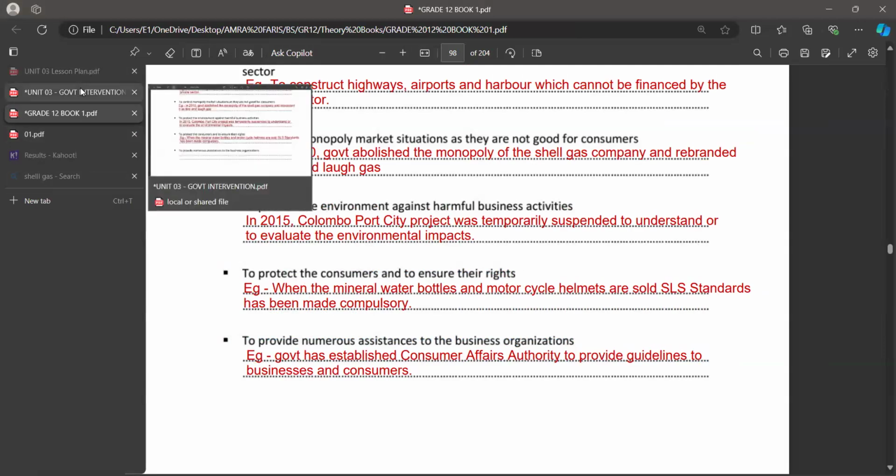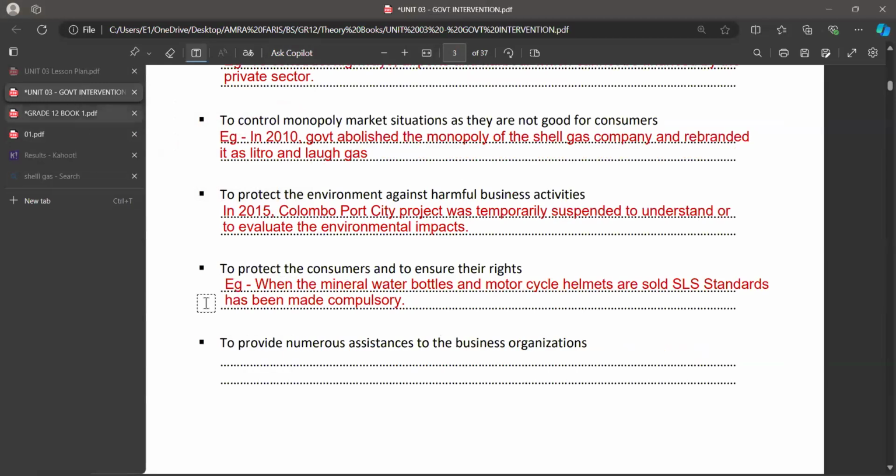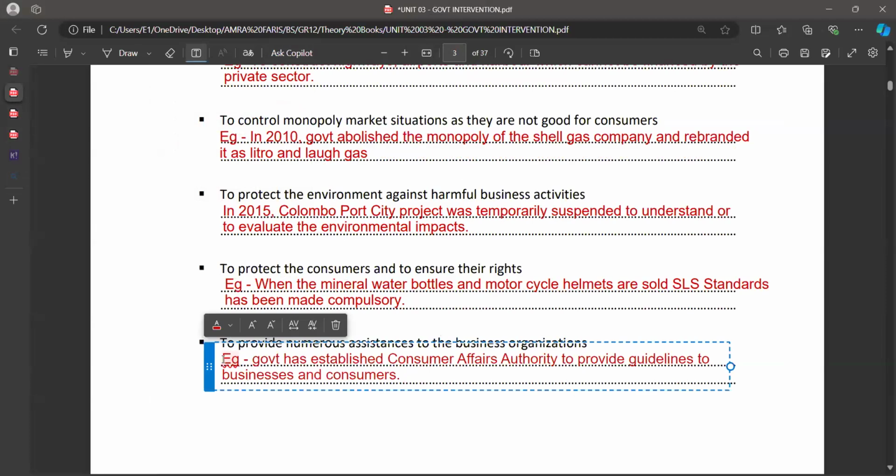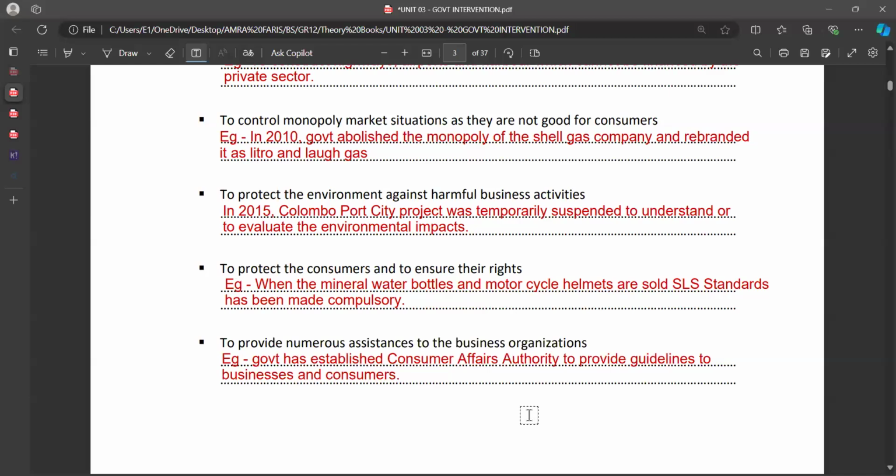So they give guidance on how to operate a business, how to protect consumers, and what rules and regulations you should follow. The Consumer Affairs Authority is there to protect consumers. We will learn it later. So to provide these things, they have this business organization. Okay, write it down.